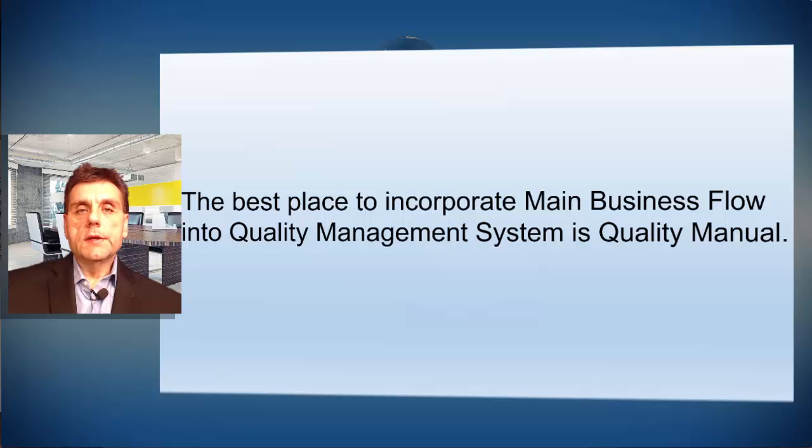My answer is the best place to incorporate the main business flow would be in the quality management system, in the quality manual. That would be the best document to show from a very high perspective what we do to our customers when we present our manual, from the very beginning to the very end.